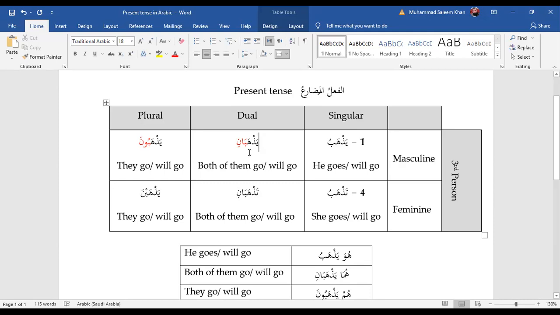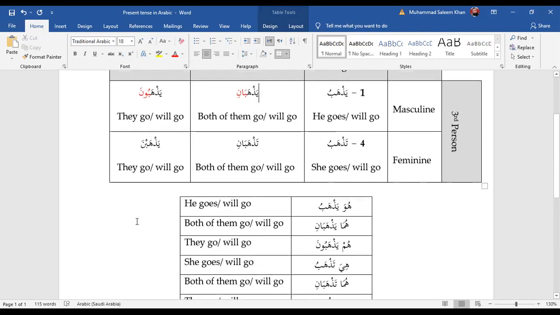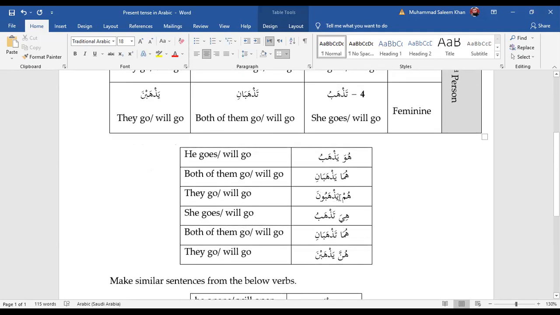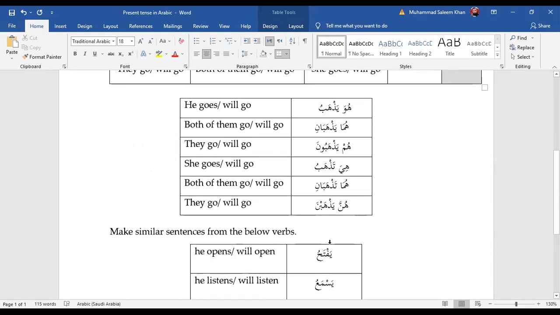And when we say yadhabani and yadhabuna, then it means it is a verb. So both of them go and they all go. And tadhabu, she goes or will go. Tadhabani, both of them go, and yadhabna, they go or will go. This is for the feminine. So here I have written huwa yadhabu, huma yadhabani, hum yadhabuna. Here tadhabu, huma tadhabani, hunna yadhabna.